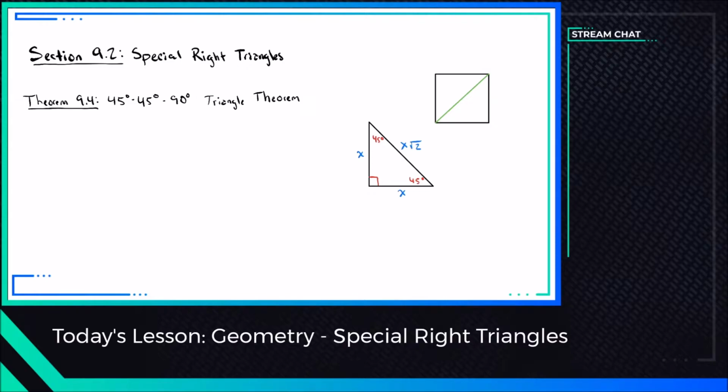And so just putting some verbiage on this, in a 45, 45, 90 right triangle, the hypotenuse is the square root of 2 times longer than the leg.